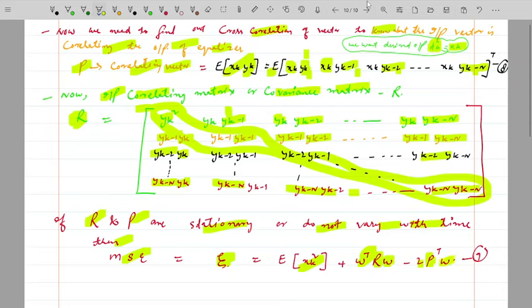So this equation is for finding the mean square error, or zeta.